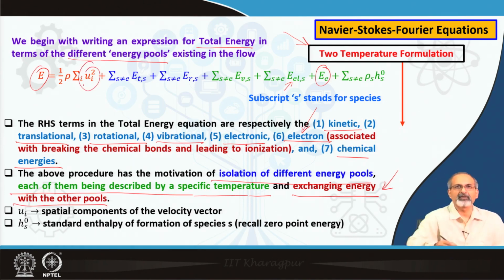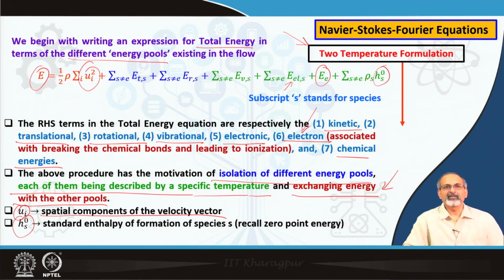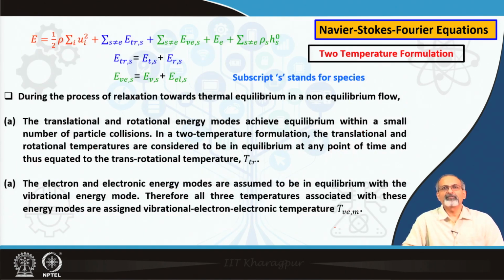If you look at the first term, which carries the kinetic part, it indicates Ui square, where of course Ui is the spatial component of the velocity vector, and then if you look at the last term, Hs naught, it is the standard enthalpy of formation of species s. We need to recall the zero point energy, which we have learnt earlier.